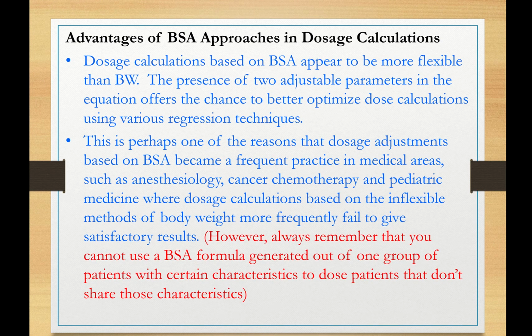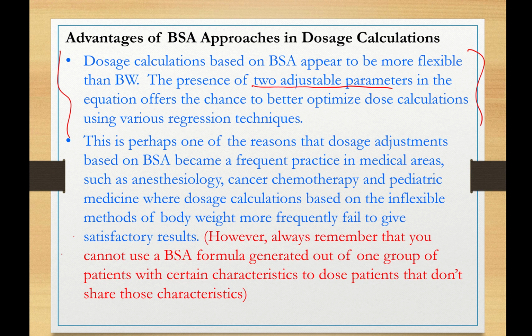The advantage of BSA approaches in dosage calculations is that because they use two adjustable parameters, they appear to be more flexible. However, this is not accurate, but it is an advantage because these BSA approaches have been tested in clinical trials on a large group of patients, and their formulas have been statistically adjusted to be accurate for these population groups.